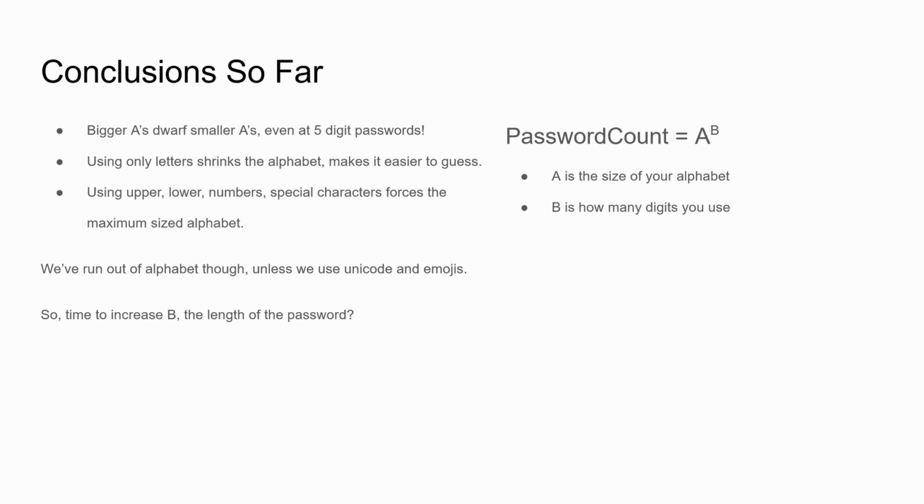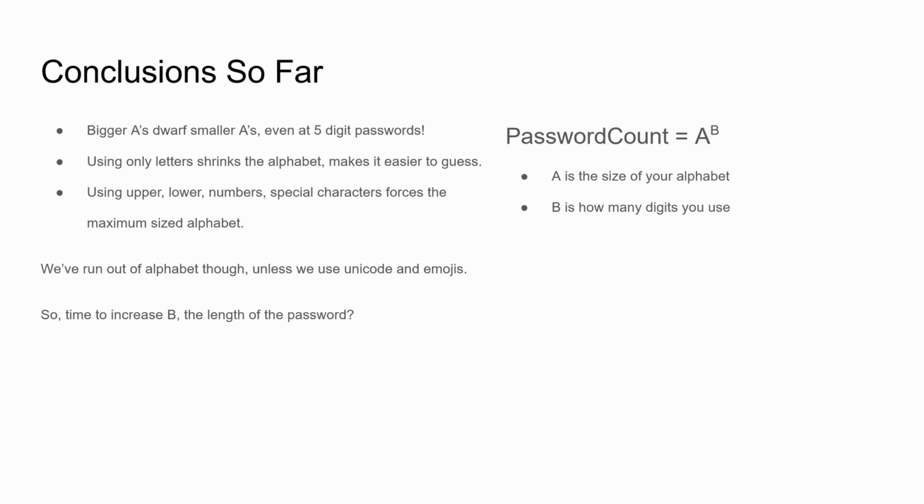But just because a password allows you to enter these characters doesn't mean that we actually do. And so if it allows all these things, but you're only using lowercase letters, and a hacker assumes that you are, or has knowledge that you might be doing that, then it effectively shrinks the space that they have to brute force and makes it easier for them to guess your password.